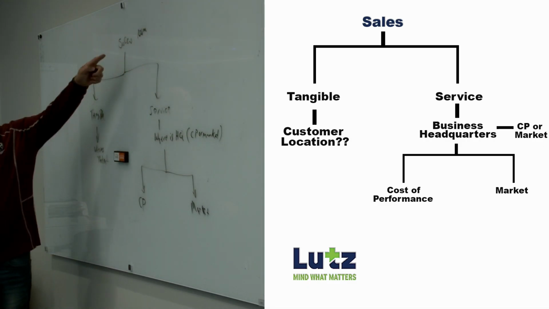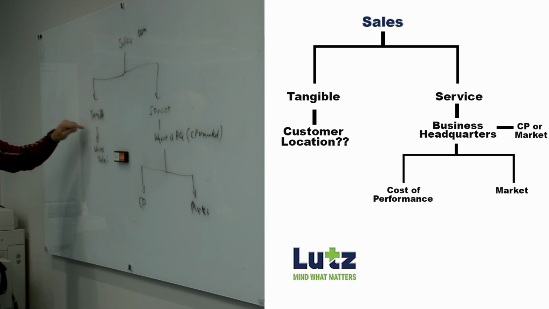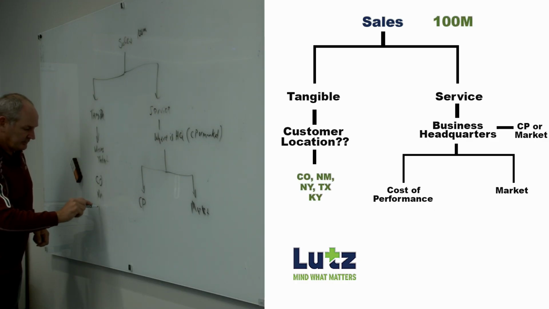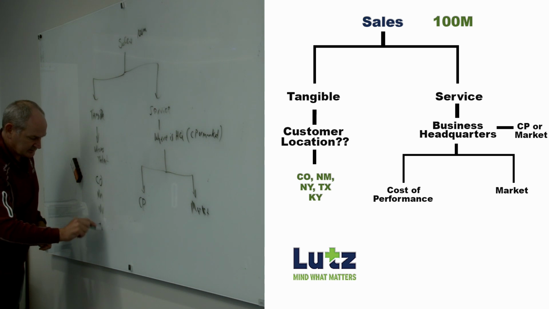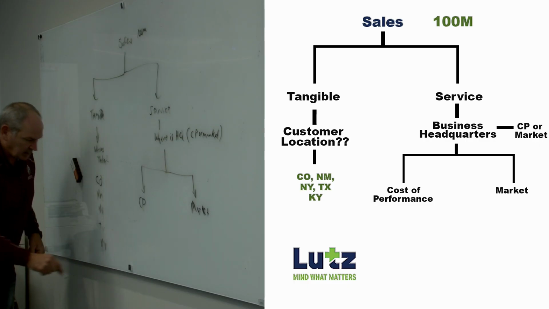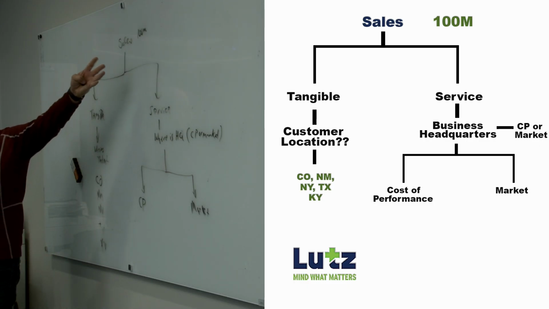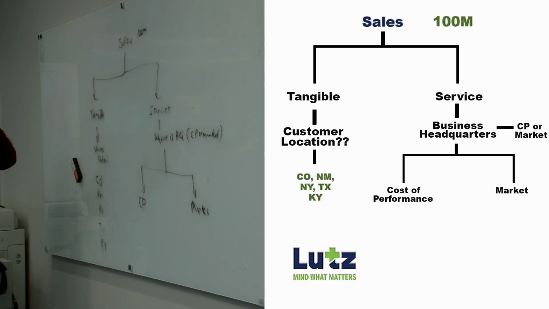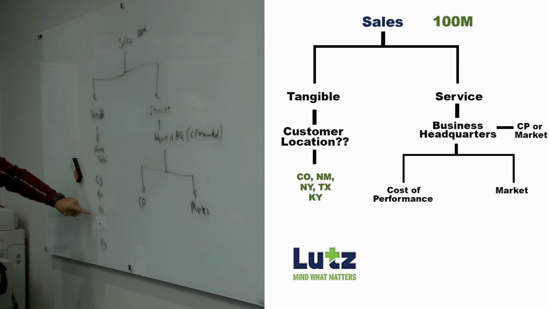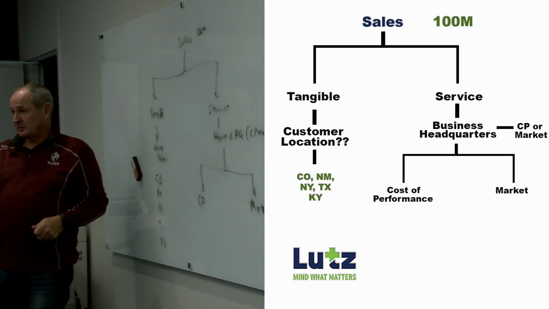And if it goes this direction, to the tangible side, and we know we have customers in Colorado, New Mexico, New York, Texas, and Kentucky, and every customer is buying equally from us, well, you have $20 million of sales that's going to go to each of those states for your apportionment. So now you can figure out what amount of income is going to that jurisdiction. Even this simple brain can wrap its head around that.